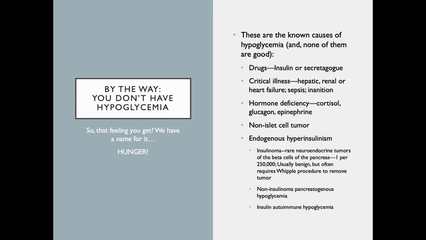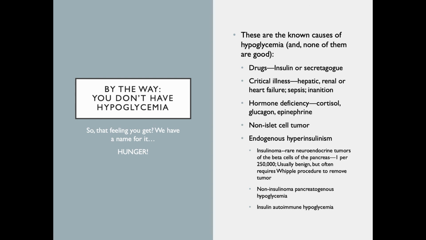You're not hypoglycemic. If you're hypoglycemic, one of these things on the right-hand side is causing it, all right? Hypoglycemia is a bad thing. None of these are good. So we often see hypoglycemia. I would say most often we see it due to too much insulin or somebody getting insulin and not eating.